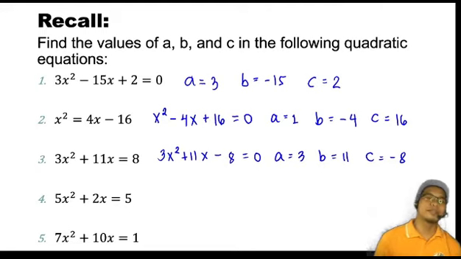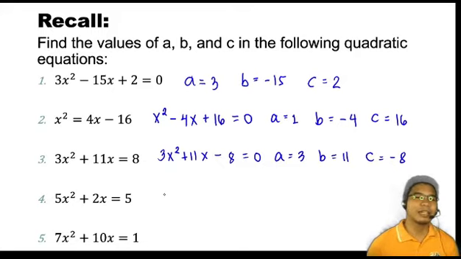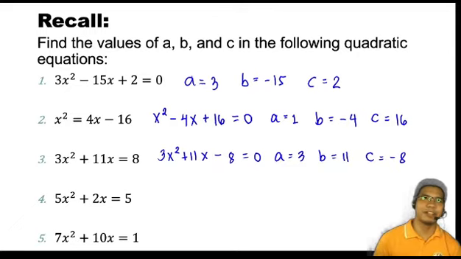Let us now proceed with our fourth example. We are given 5x squared plus 2x equal to 5. Again, write the equation first in standard form. I'll give you 5 seconds. 5, 4, 3, 2, and 1.